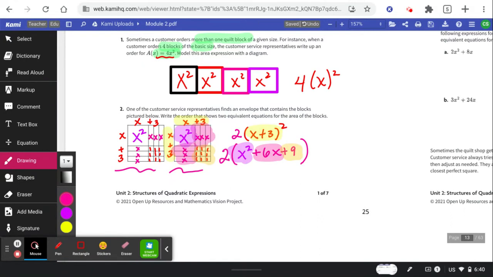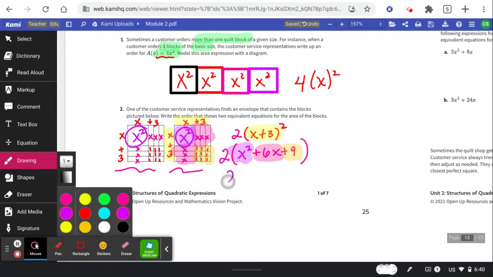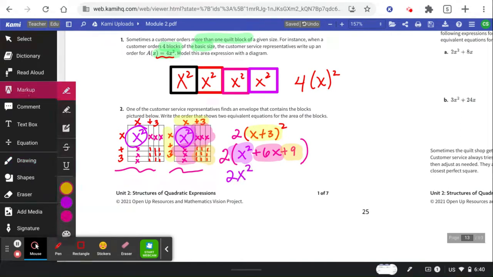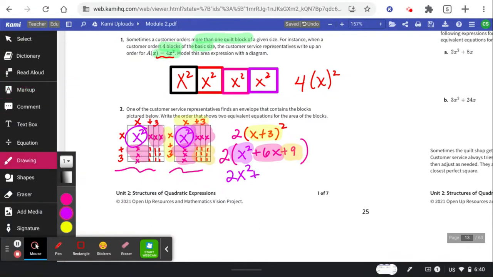So if I add up both squares, do you see that if I add this plus this, I'd have 2x squareds for that area? And if I add all of these, 1, 2, 3, 4, 5, 6, 7, 8, 9, 10, 11, 12, I've got 12 x's, and I've got the 9 and 9 for a total of 18. And that's actually what I would get if I distributed this other one.